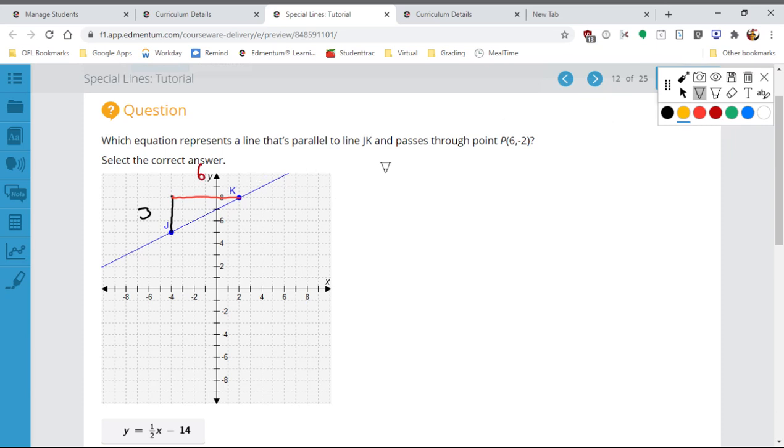If you wanted to do it by the formula, all you have to do for the formula is 8 minus 5 over, what's the y value here? 2 minus -4. So you end up getting this 3/6. All right.